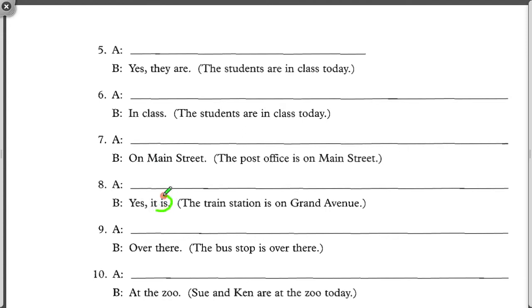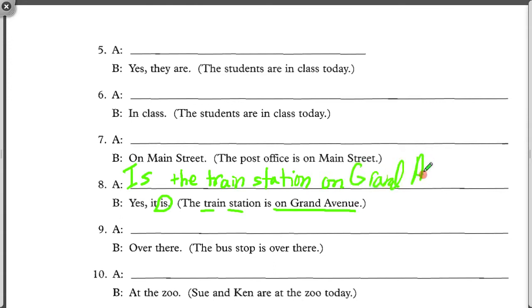So here the answer has is in it. So the question starts with is. Is what? Is the train station on Grand Avenue? Yes, it is.